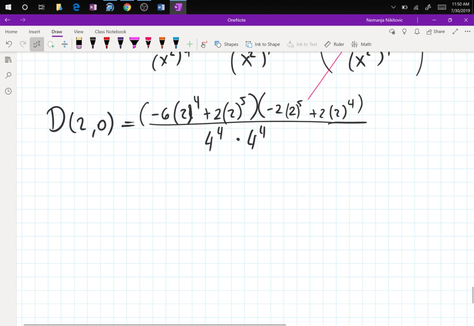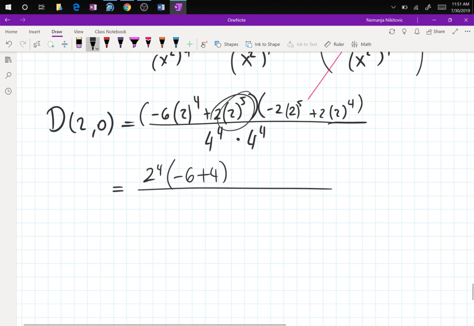Now, there are cool ways to compute all of this, so you don't have to multiply everything out. We're just going to use algebra to factor a lot. I can factor 2 to the 4th from the first, and what's left is negative 6 plus 4, because I took 4 2's out of here, so 1 2 stays and 1 in front.